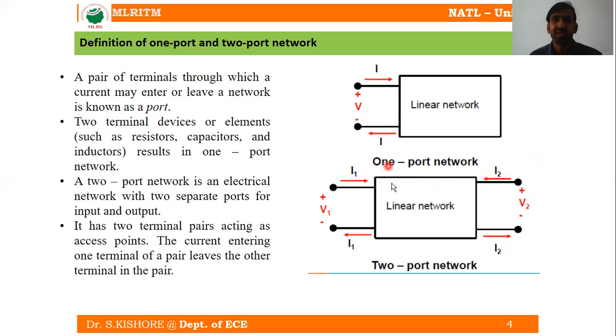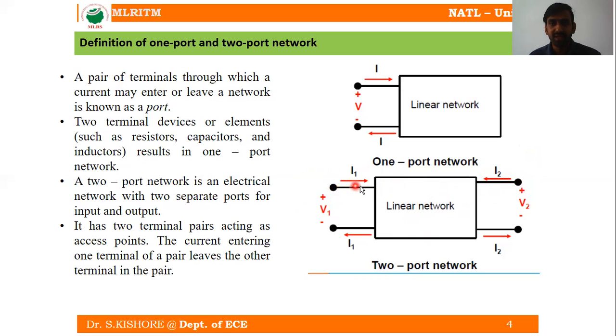Usually we represent both the currents as entering towards the network. This is the two-port network convention: in general, we consider both the currents, I1 and I2, as going towards the network.